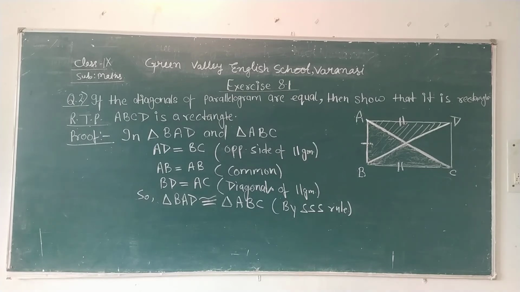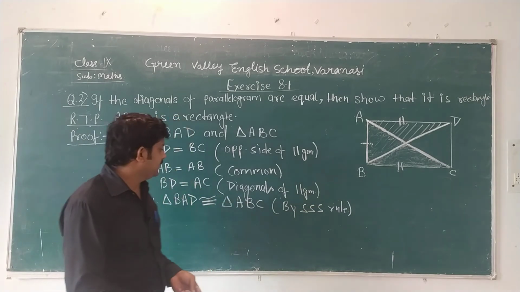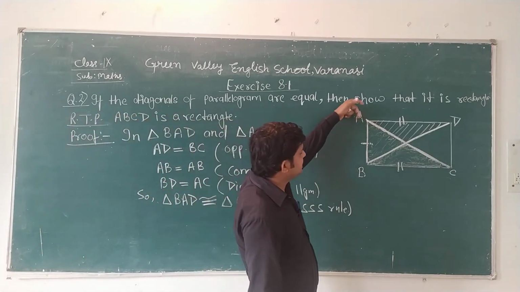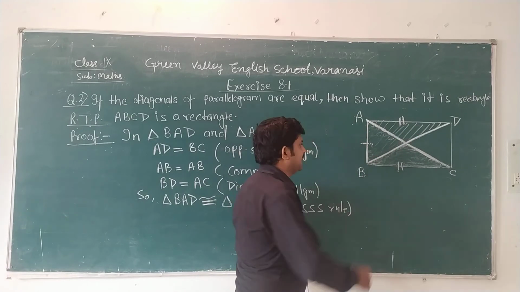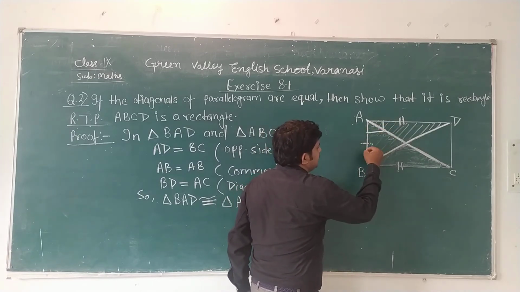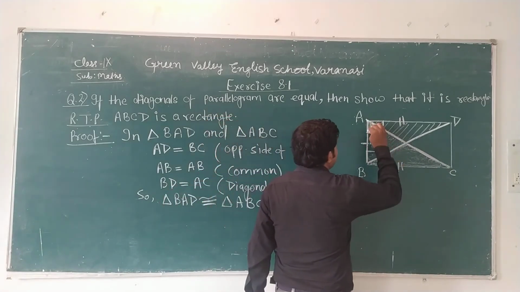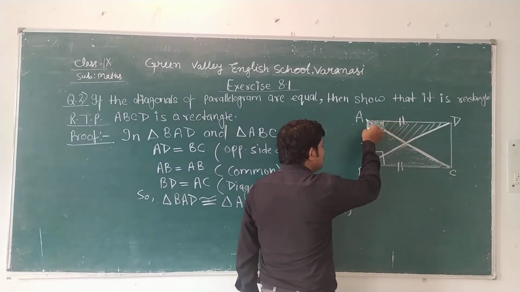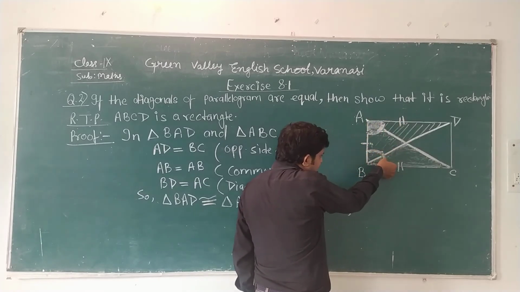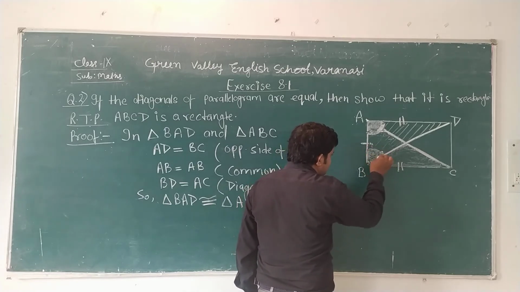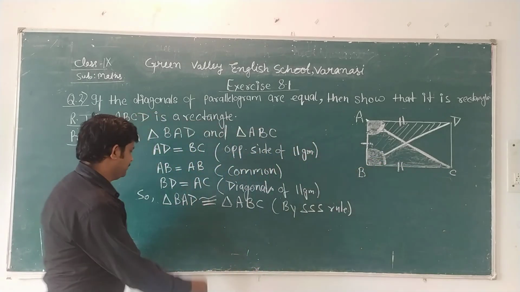Now both the triangles are congruent by the SSS rule. Then triangle BAD and triangle ABC are congruent, so this angle and this angle are equal by CPCT.